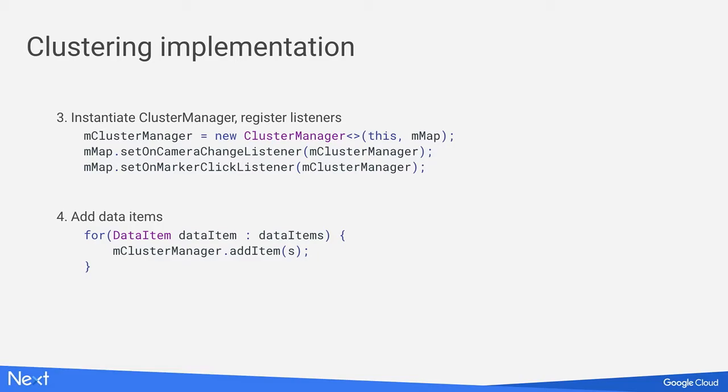I didn't put step 5 on there, but step 5 is that you should remove any code that you have to add markers onto the map or take markers out of the map, because the cluster manager is going to do that for you. So in these 10 to 15 lines of code, we've implemented marker clustering, and we've probably reduced the amount of code that we had before we started. So great user experience with minimal effort from a development standpoint.